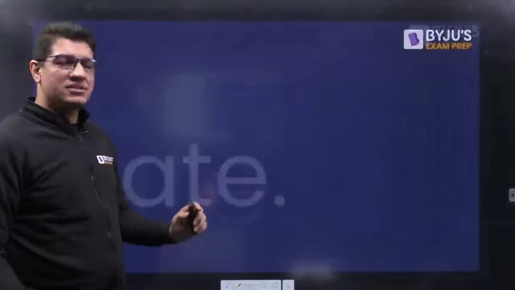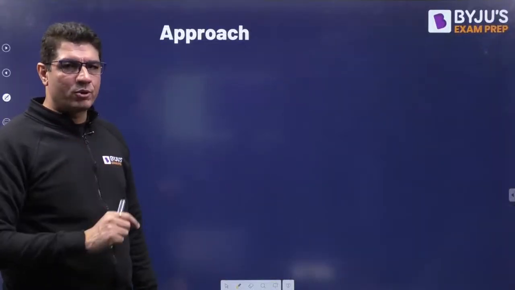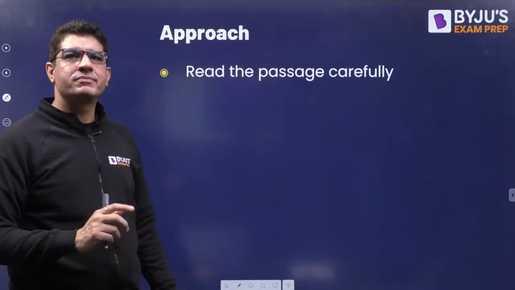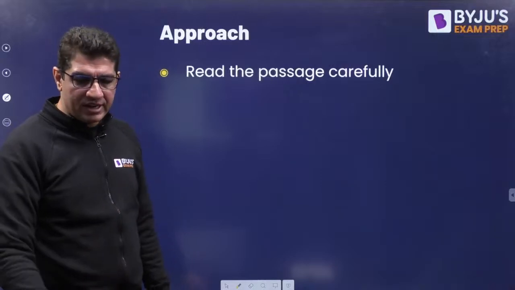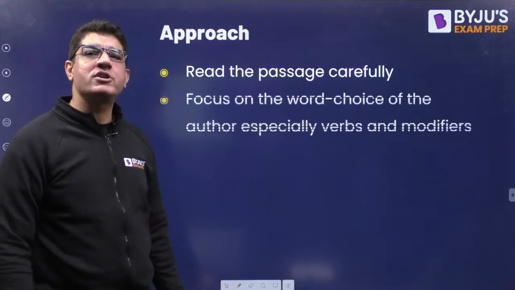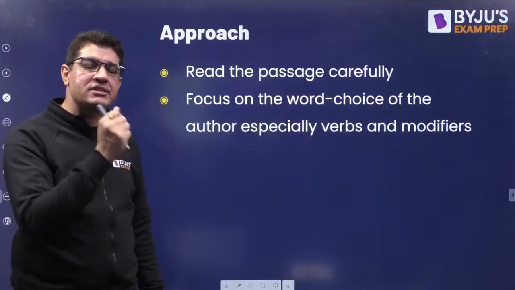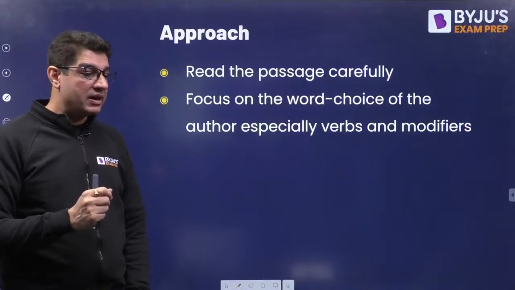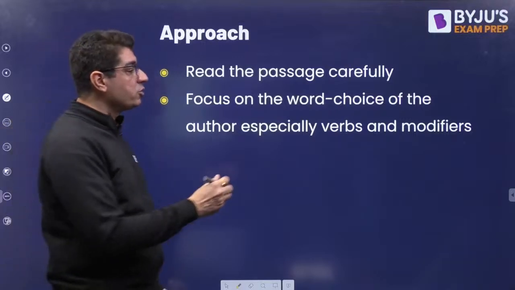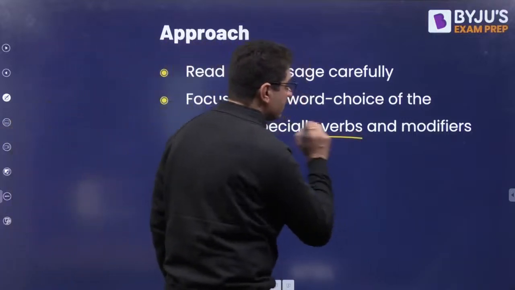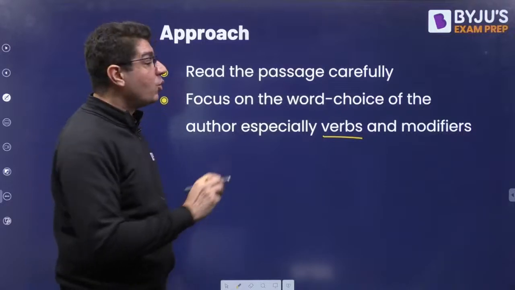So now that we know about this, let's look at the approach. All that you do is read the passage carefully, and while reading the passage, focus on the word choice, the kind of words that the author has chosen. In particular, I want you to focus on the verbs that the author has used or the modifiers.